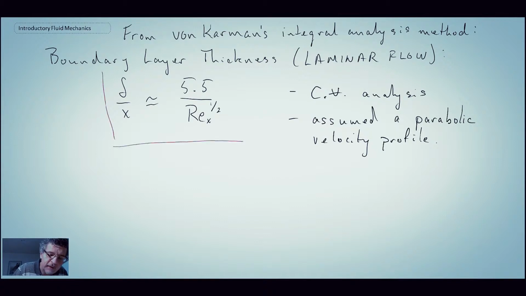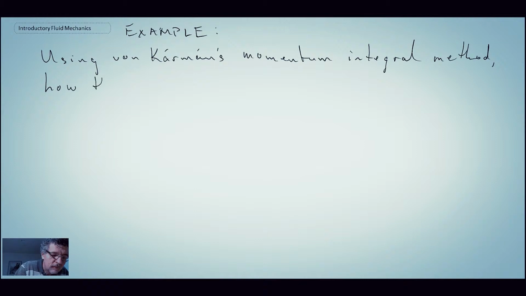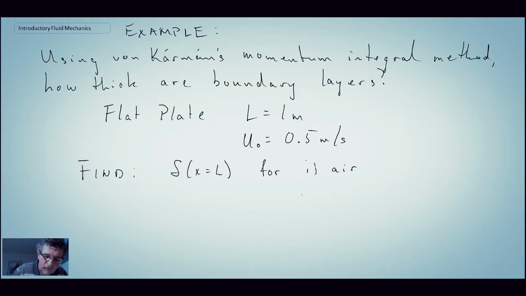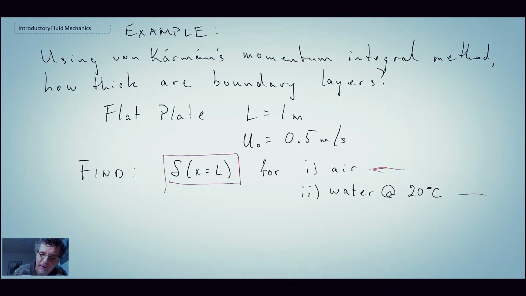So we're going to apply the equation for the boundary layer thickness to an example problem. What we've been asked to do is to evaluate the thickness of the boundary layer for two different conditions, one for air flowing over a flat plate and the other one for water.